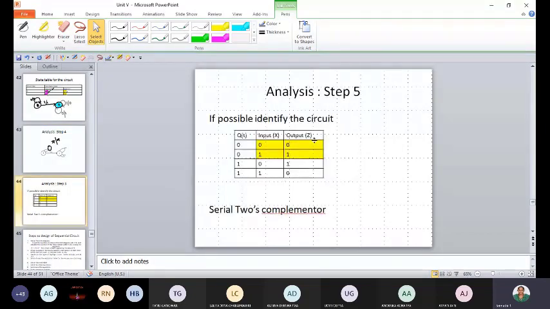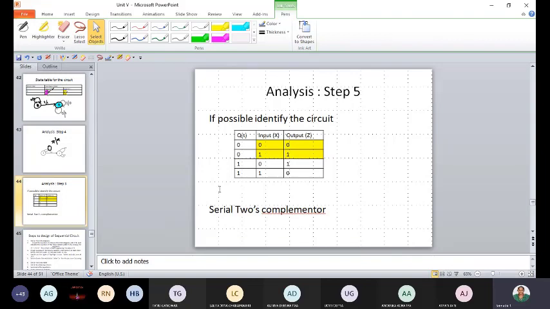The same thing here I have given for the whole circuit. What is my present state, what is my input, and what is my output. So 0 0 0 1 1 0 1 1, for that case it's an XOR gate, so 0 1 1 0, that is your step 5. And the given circuit, if you see, this is a 2's complementer.